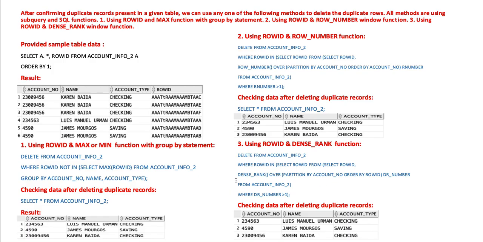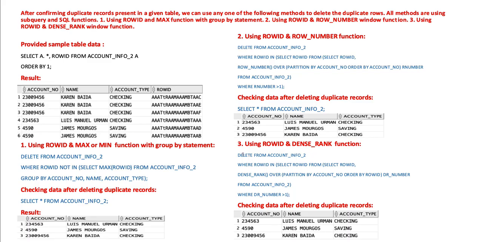SELECT ROWID, DENSE_RANK() OVER (PARTITION BY account number ORDER BY ROWID) AS dense rank number FROM account_info_2) WHERE dense rank number is greater than 1. If there are records with dense rank number greater than 1, then it will delete them.